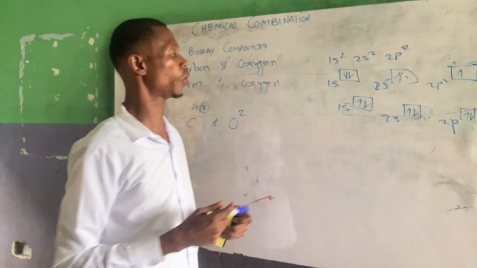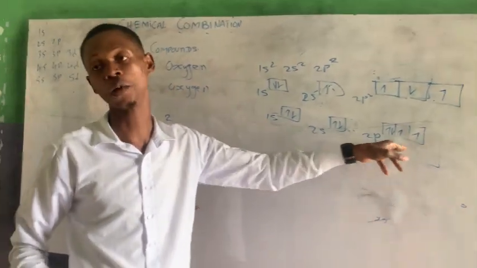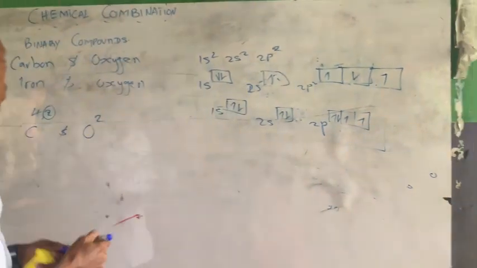There is no way to arrange this that makes more than 2. That is the valency.